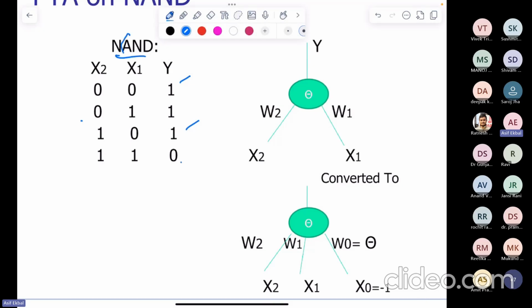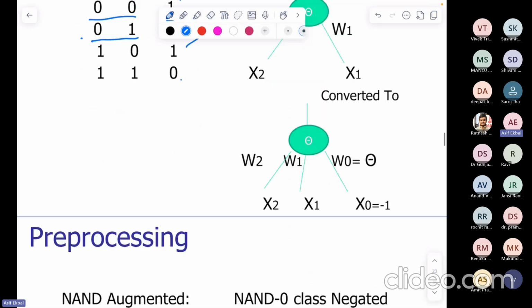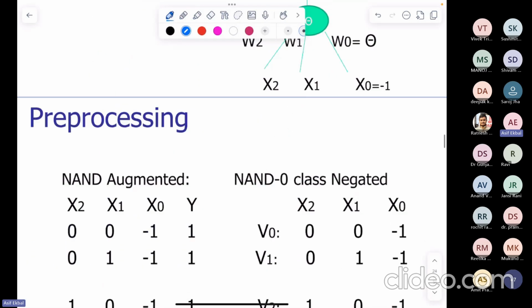If it is 0 0, in the AND gate you will get a 0; in the NAND gate, it will be 1. For 0 1, the AND gate is 0, so you are getting a 1. So this is just the reverse of the AND gate. And then you have captured the theta as a weight here.